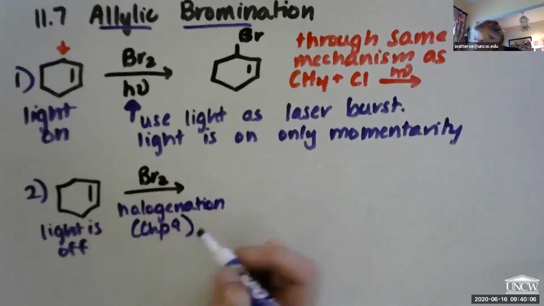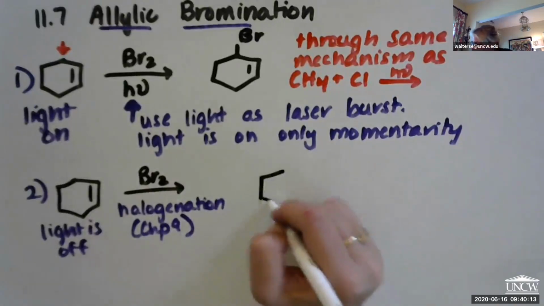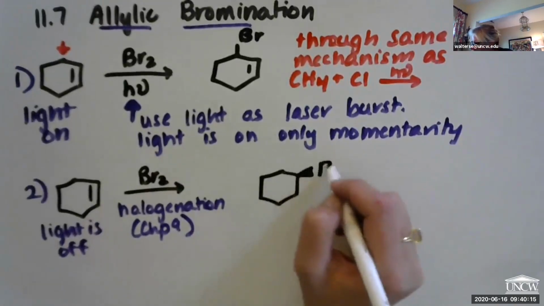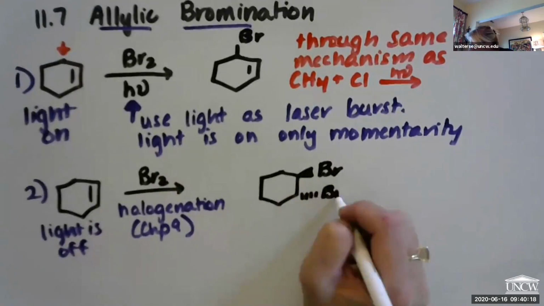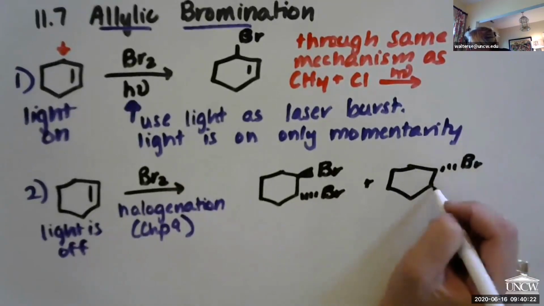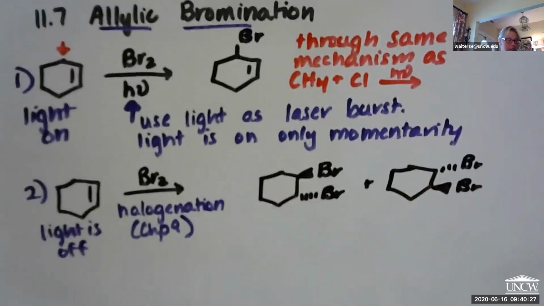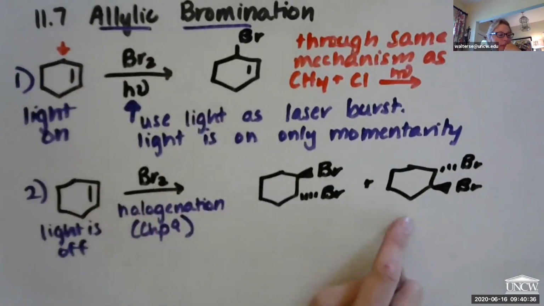That's going to go through that bromonium ion intermediate, and you're going to end up with a mixture of enantiomers. So when you do the original reaction we just discussed, you're going to end up with a minimum of 3 products.